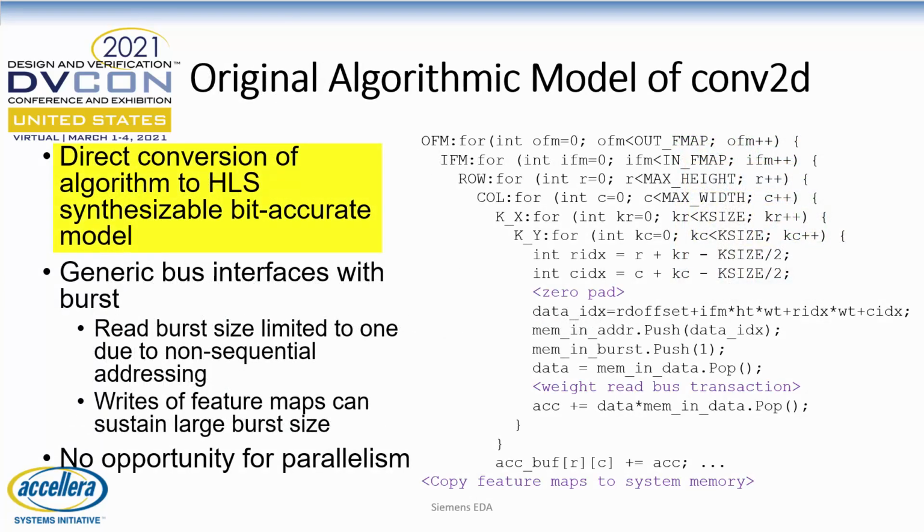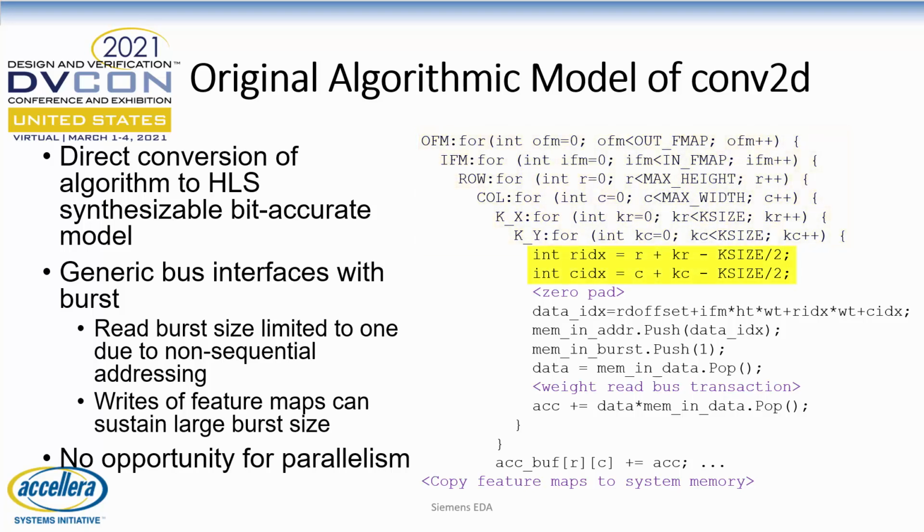We begin with a direct conversion of the convolution algorithm to a high-level synthesis synthesizable bit-accurate implementation. In these examples, we will use a generic bus interface that was covered previously. However, it is also important to repeat that MatchLib supports a full complement of AXI4 bus masters and slaves. This example has the same loop nesting structure that was shown for the CONV2D algorithm.